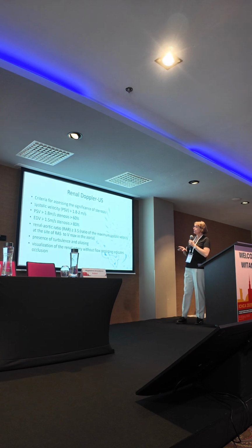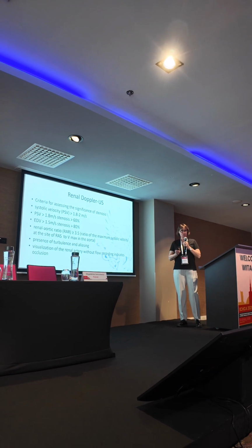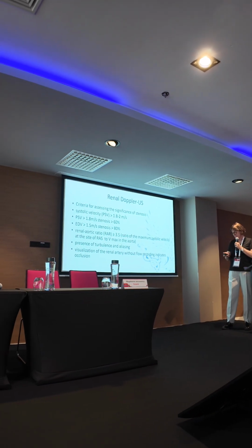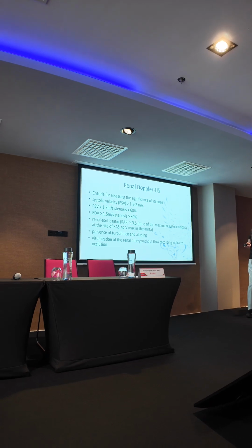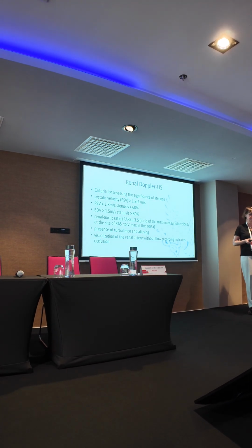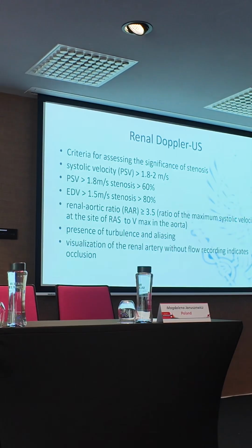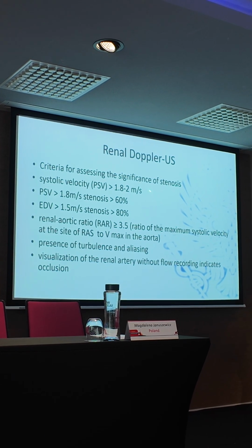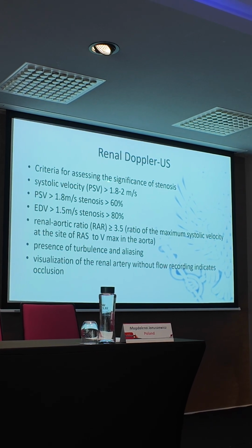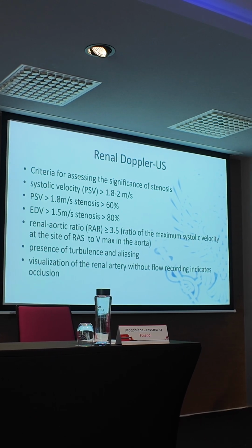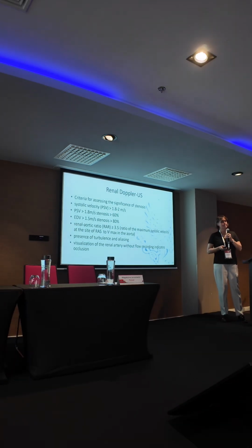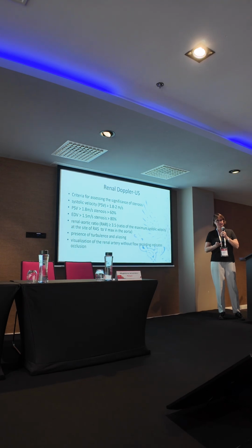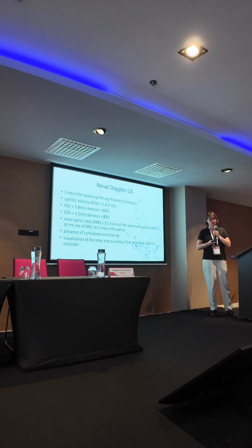What are the criteria for assessing the significance of the stenosis? That is very important. I must say at the beginning that these criteria are for adults, not for children. Children do have higher speed in the aorta.